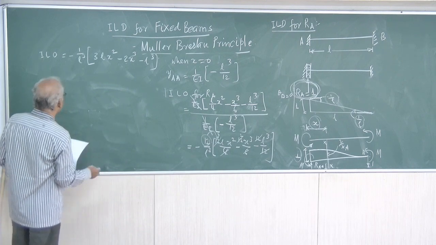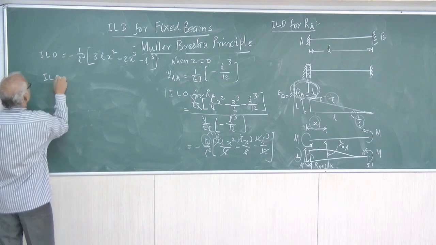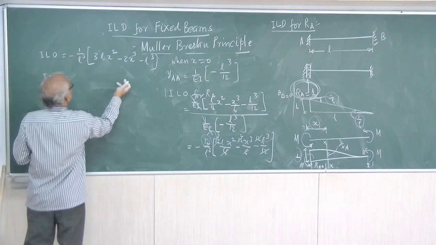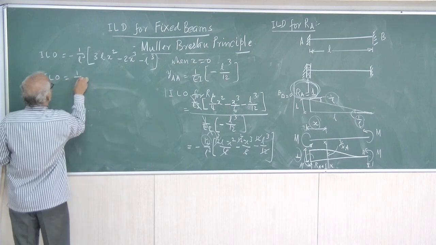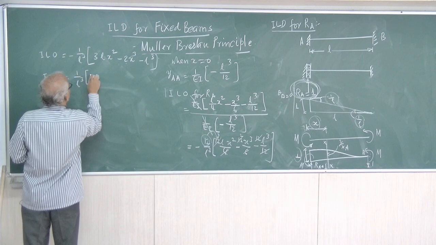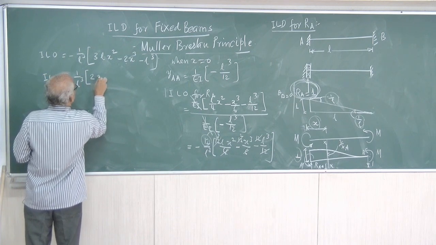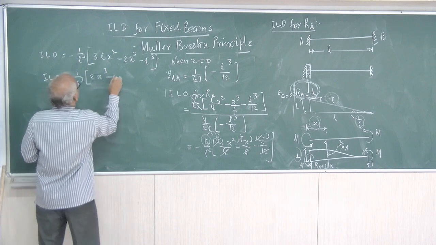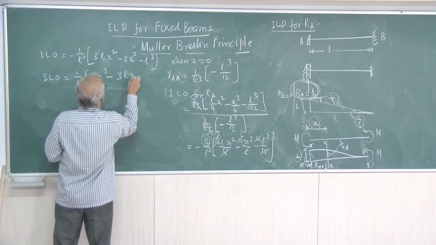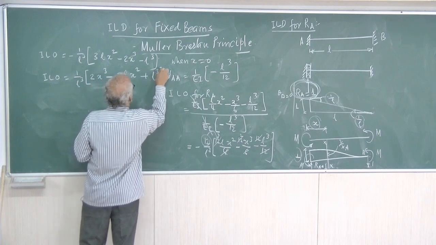You can take this minus inside. So ILO equal to 1 by L cube, and 2x cube you can bring as the first term. So minus will become plus 2x cube minus 3L x square plus L cube.